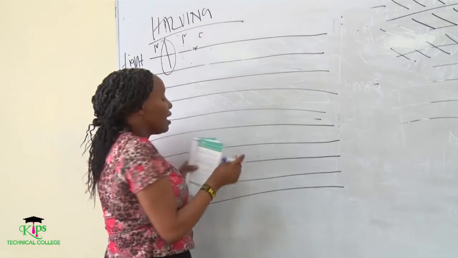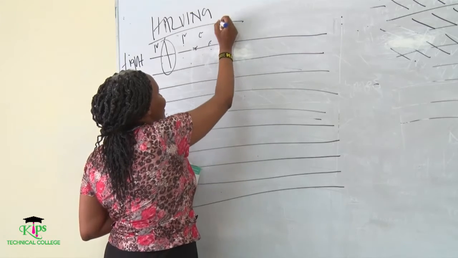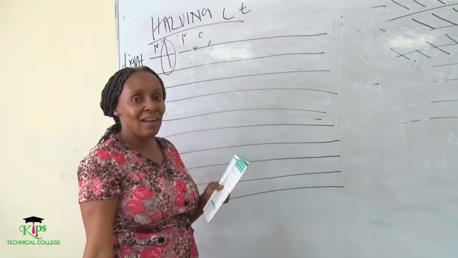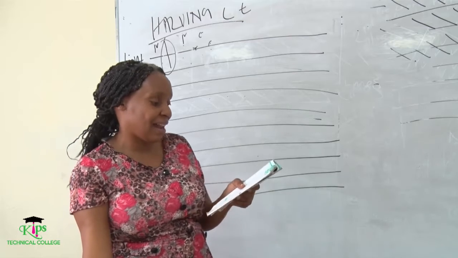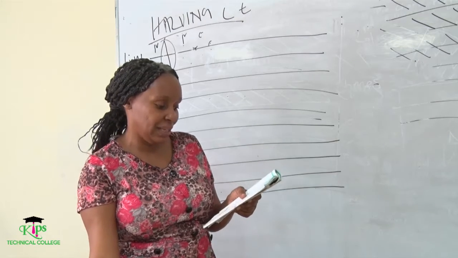We've got let's, there's an L and a T. So you only halve if there's a following T only.